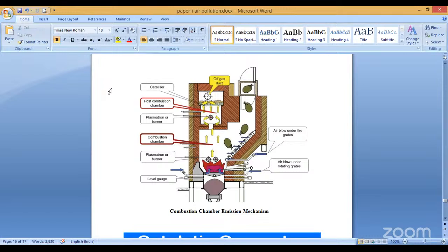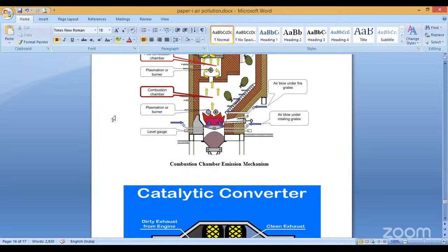Air blow under the fire gates, air blow under the rotating gates, and the out of gas duct and all. These are the reactions, and how the chemicals can burn, how incomplete reactions will take place, can be easily explained in the combustion chamber emissions mechanism.